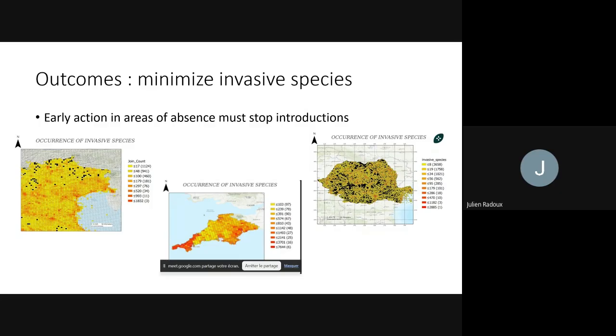Once they took the place, like you see for instance in England on the very west, it's all red. It means that there is a concentration of invasive species. There it becomes very, very difficult to fight against them. But there are spots where the color is yellow, and in those places invasive species are nearly absent.